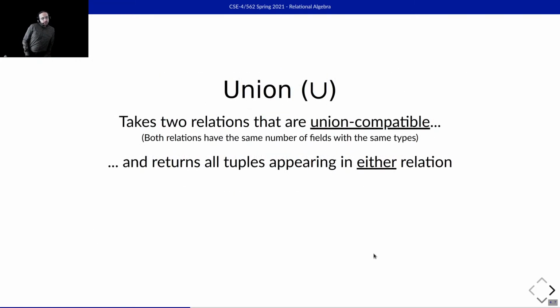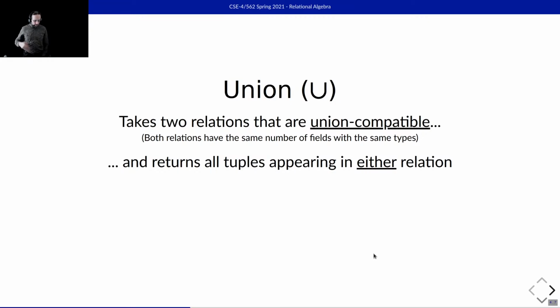Okay, so we talked about selection and we talked about projection. Now let's introduce union. So union is going to take two relations. Yes, perfect, Nuraf. The union is going to take two relations that are what I call union compatible.